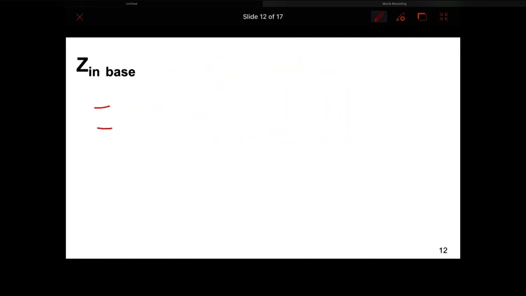So Z in base is approximately beta AC times Z out. Let's let the beta AC equal 160.